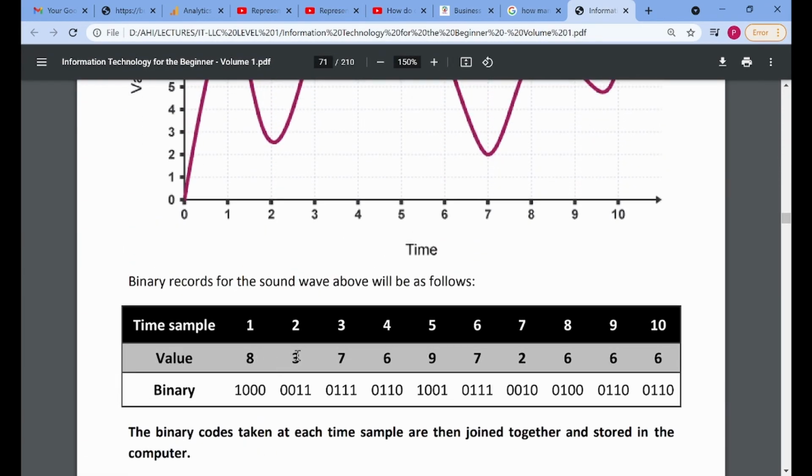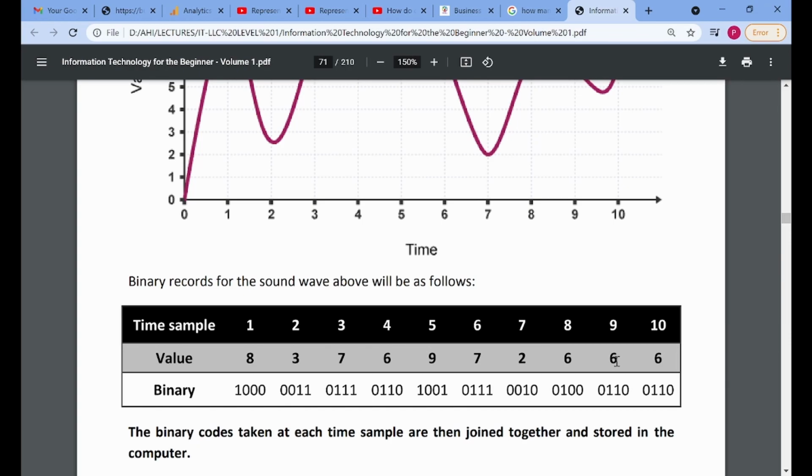Do you see these numbers here? Okay. So it writes these numbers in decimal, several times per second. It writes it in milliseconds.